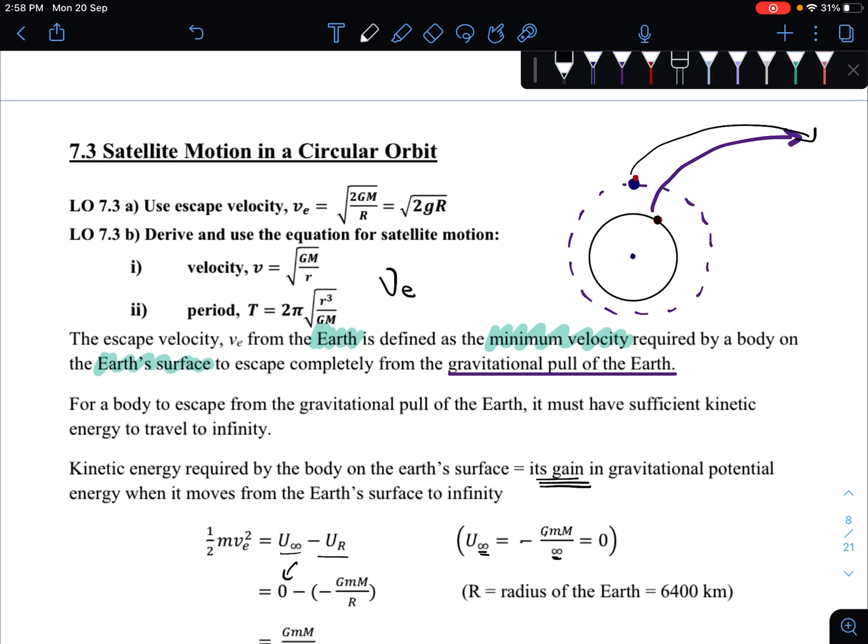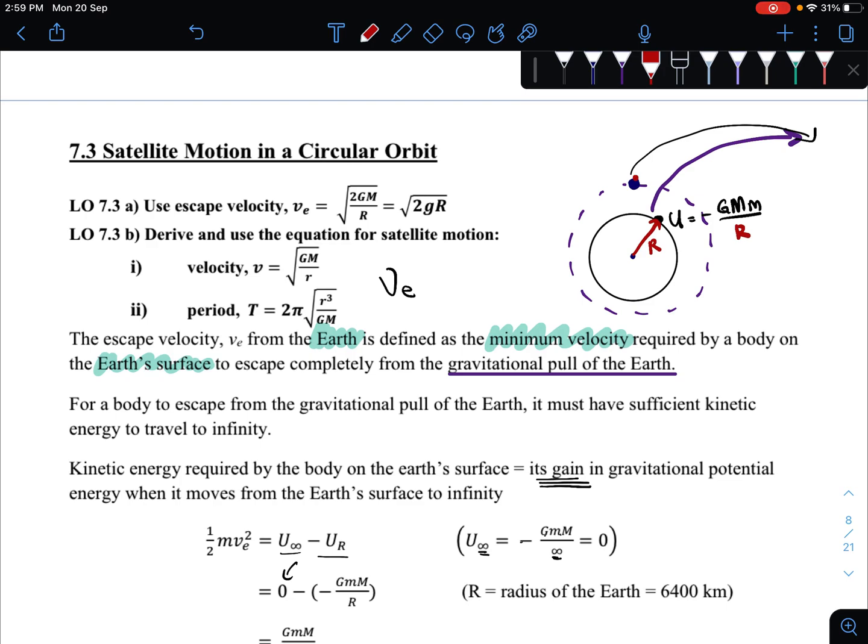So when it is on the Earth's surface, it has gravitational potential energy, which we have learned, negative GMm over R. Since it is located exactly on the surface of the Earth, the distance R here is equal to the radius of the Earth.